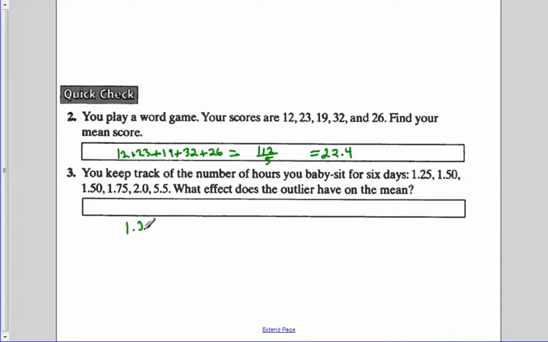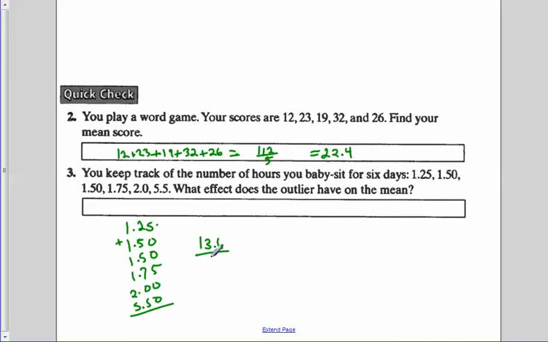We'd have to say, if I were to add 1.25 plus 1.5 and 1.5, 1.75, 2, and 5.5, when I add all this together, I get 13.5, and I have 6 items.